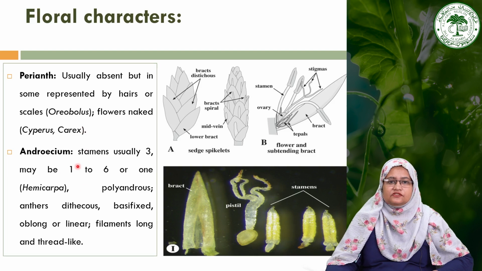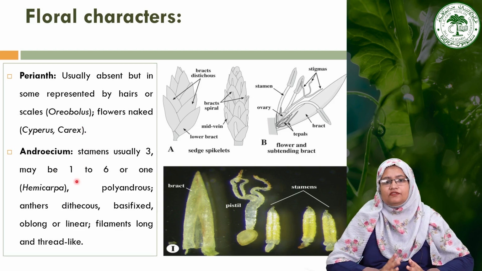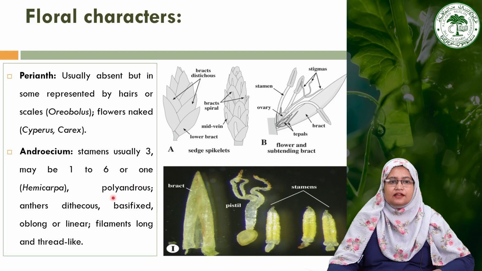And now moving towards the next floral character, that is androecium. Stamens are generally 3, but their number may vary from 1 to 6, as 1 only in the case of Hemicarpha, and if their number is more, they are generally polyandrous. Anthers are dithecous, as you can see here, basifixed, oblong or linear, and the filament is long and thread-like.